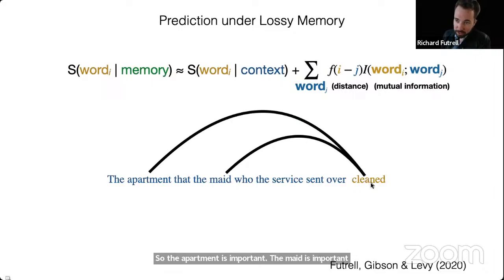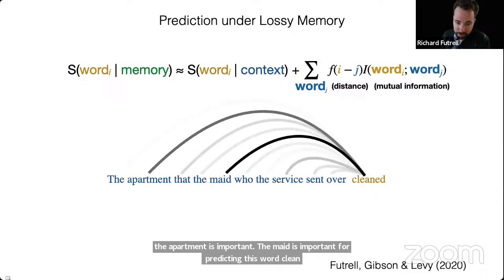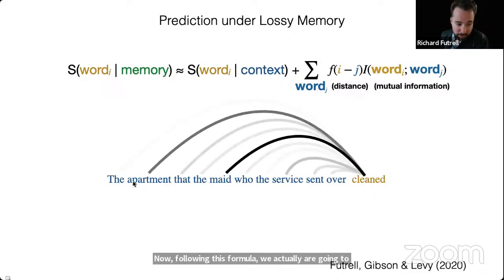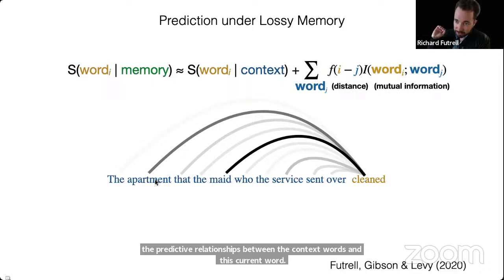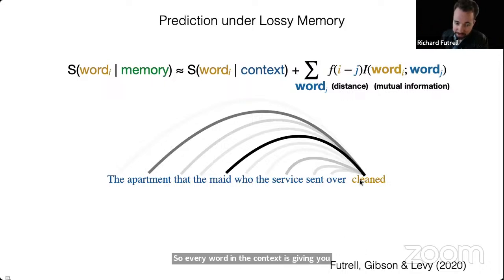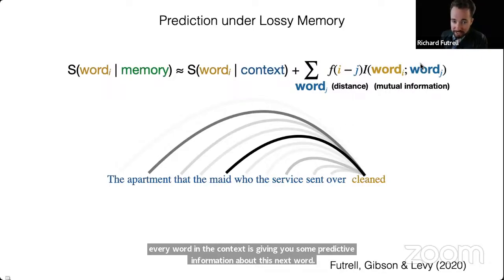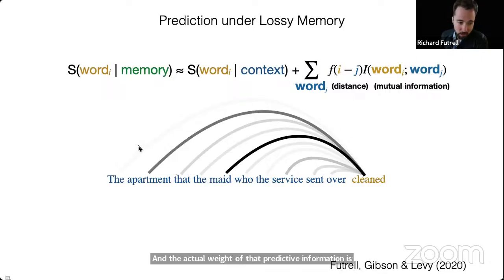Now, following this formula, we actually are going to think about all of the predictive relationships between the context words and this current word. So every word in the context is giving you some predictive information about this next word. And the actual weight of that predictive information is given by the mutual information here. So the thickness of, or the color of these lines corresponds to the mutual information.